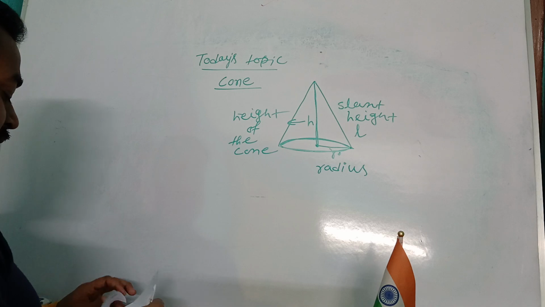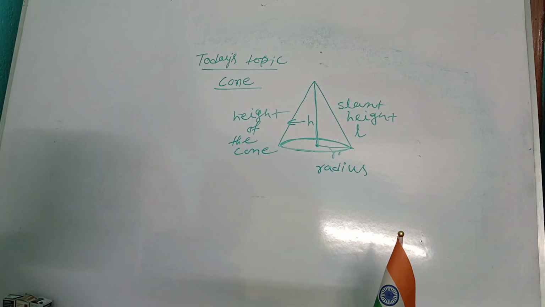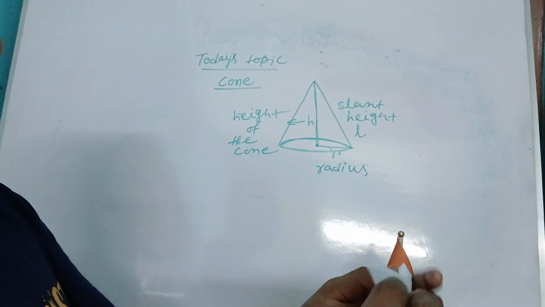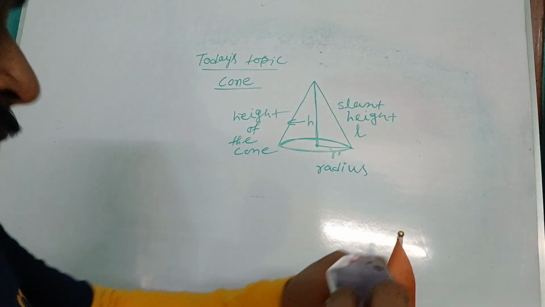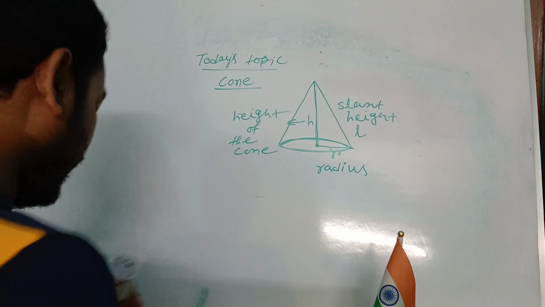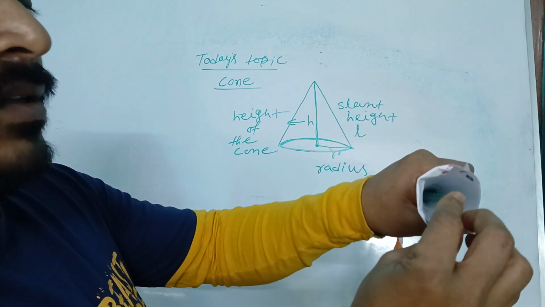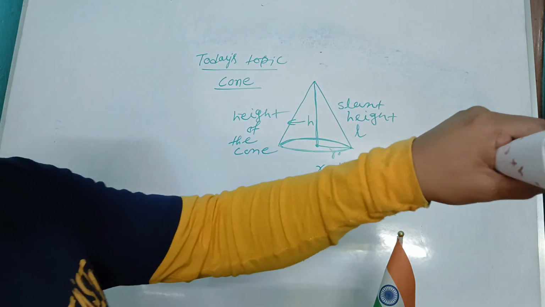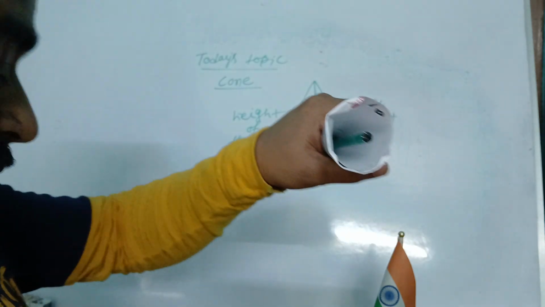It is making a right angle triangle. Let's see, this is the region. For example, I am taking this as the height, and any point on the circumference is this one.